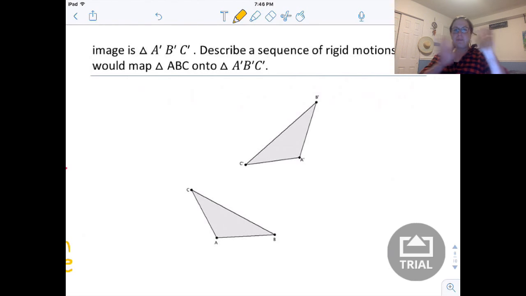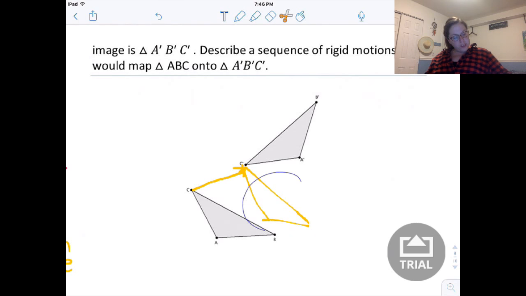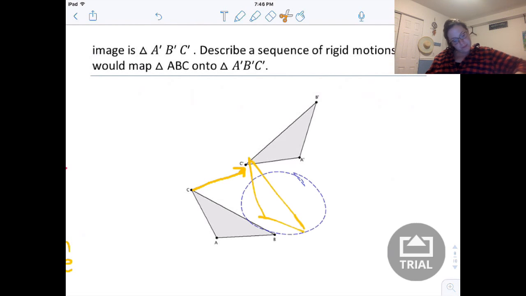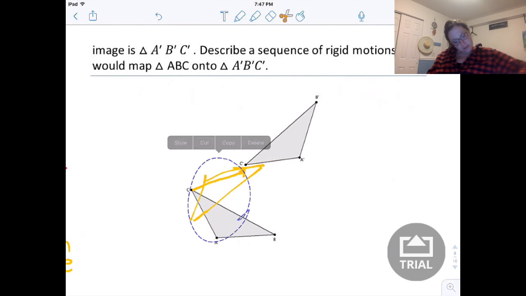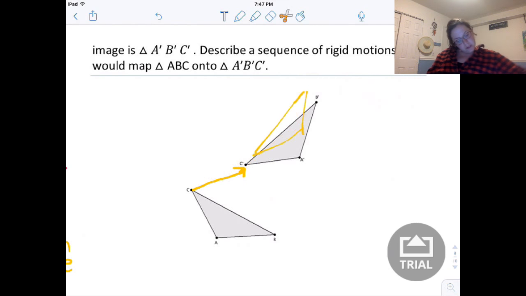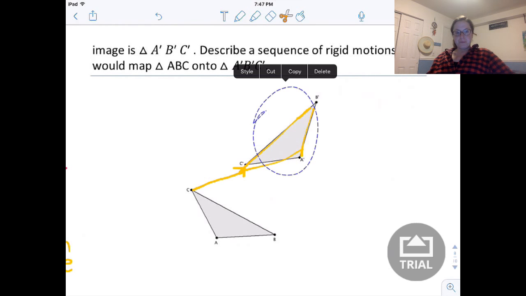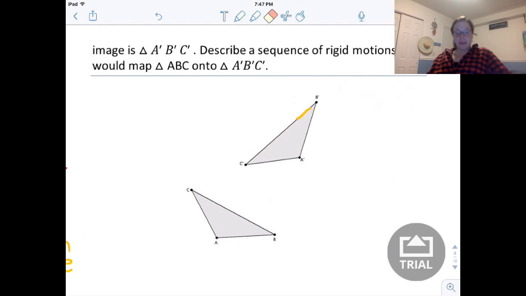So let's say that C slid over to C prime here. That would look like this, right? And then what this could do is it could rotate around and map onto there. That's going to be kind of my game plan here, is figure out what it looks like happened and then go from there.